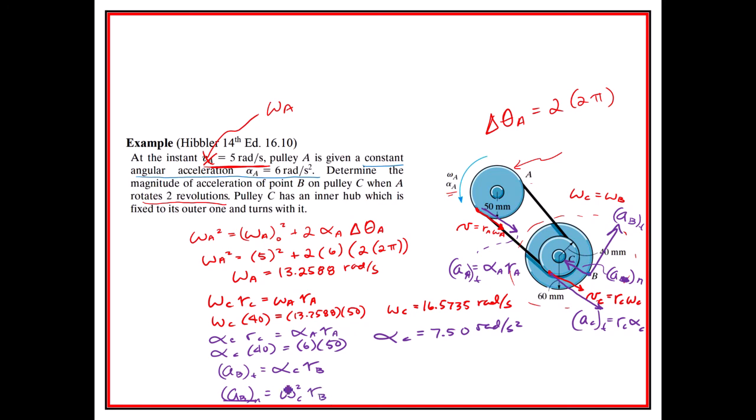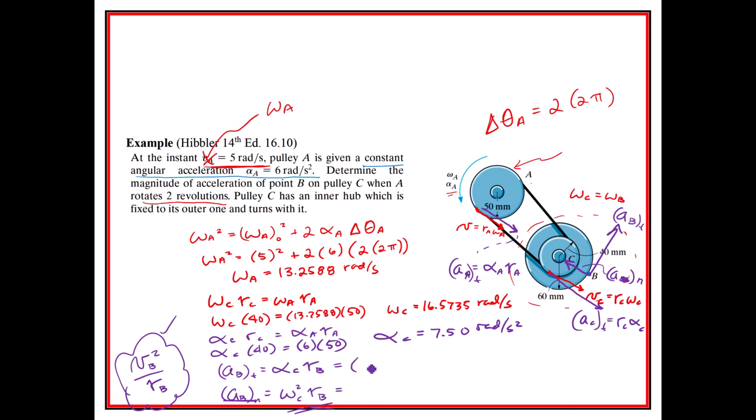Noteworthy is that this can also be done if we found the velocity of a point on B and squared it and divided by R_B; we would end up getting the same thing as this right here. This might be more familiar to us from particle kinematics, but it's just as equally valid to write it either way.